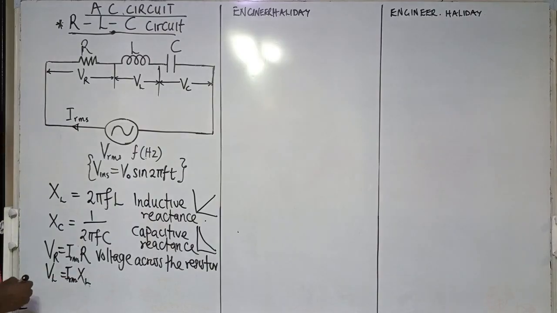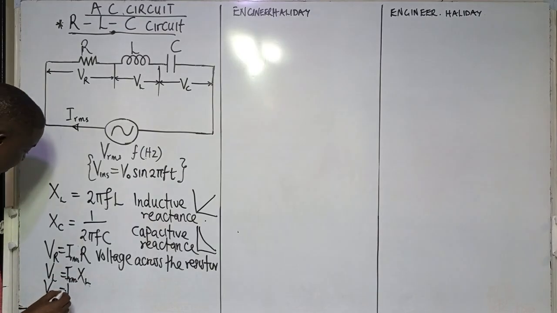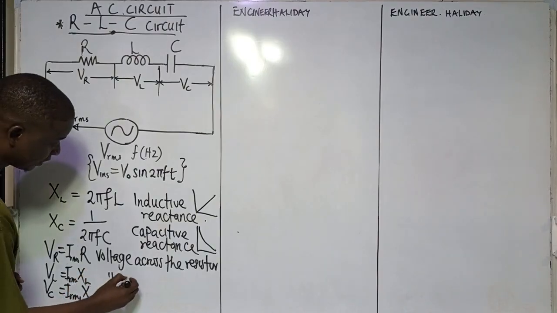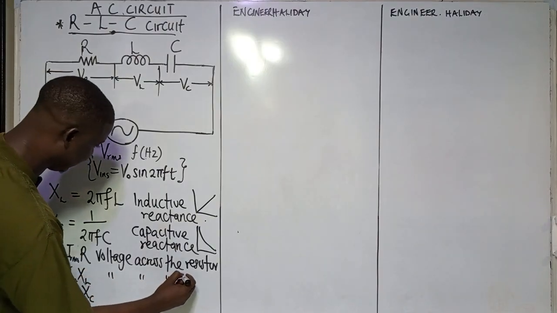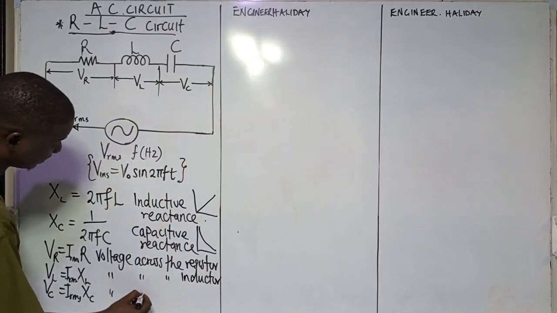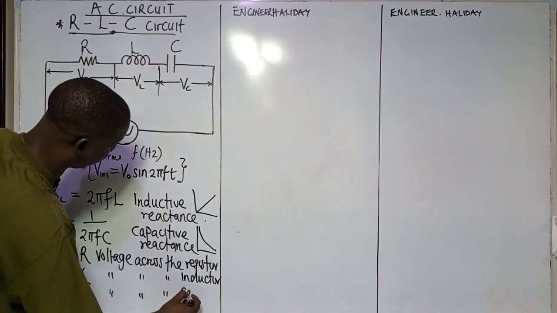So the voltage across the capacitor is IRMS times XC. So these are the voltages across each component: the voltage across the inductor, then the voltage across the capacitor.